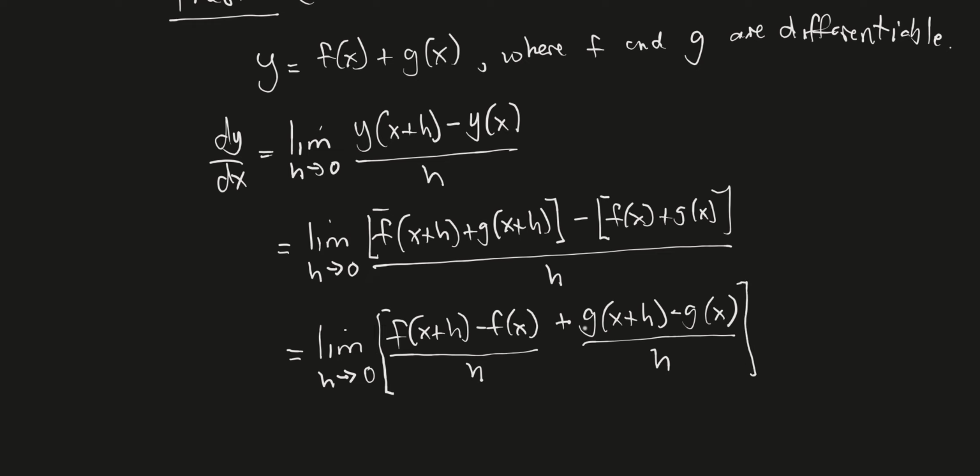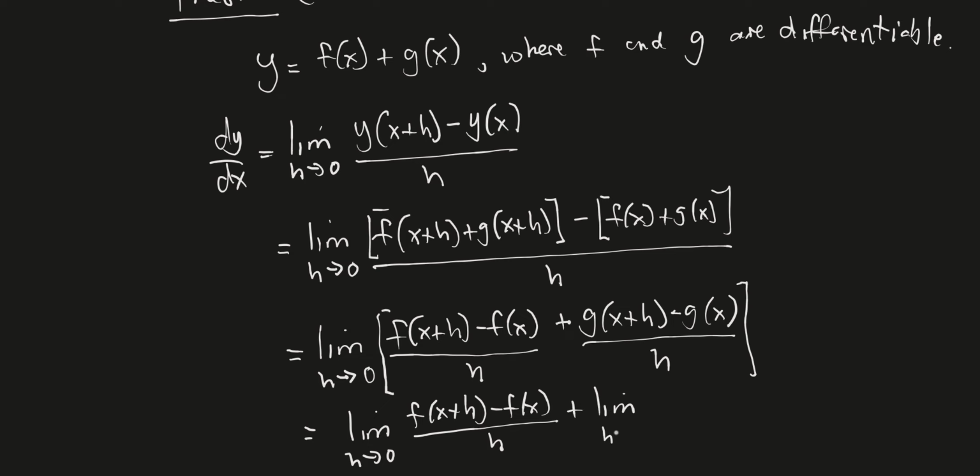But we have a limit property, again, that says if I know that the individual limits exist, I can find the limit of the sum by taking the limit of the individual terms. So I can take the limit as h approaches 0 of f of x plus h minus f of x all over h, plus my limit as h approaches 0 of g of x plus h minus g of x all over h.